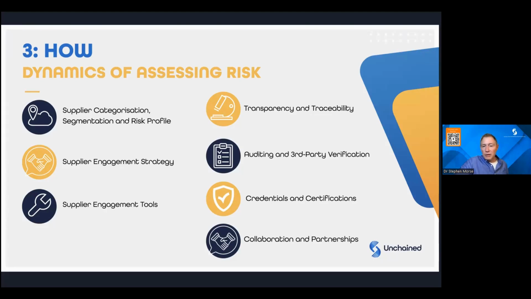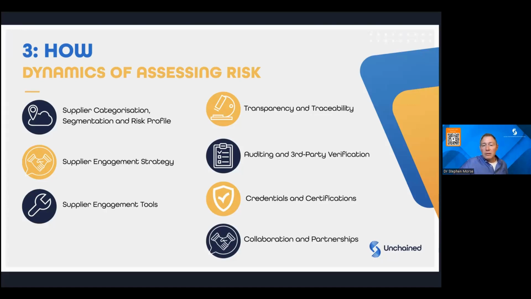The first has to do with categorization, which I mentioned in the what, to make sure that suppliers are categorized correctly, segmented, and a risk profile is developed for each of those suppliers, and that will help an organization identify the next steps in working with that client.